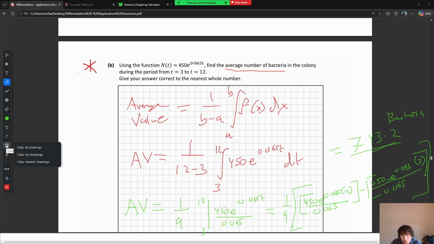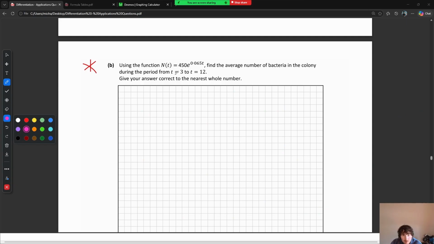Okay, so let's do a sanity check on that. So we should be able to use this formula here. We should know that when t is 0, that gives the initial amount of bacteria. So when t is 0, this becomes 0. And then this is e to the 0 is 1. So the initial amount of bacteria, n of 0, was 450. We then quickly type into a calculator what n of 3 was to see if that answer we got a second ago, about 743 as an average.